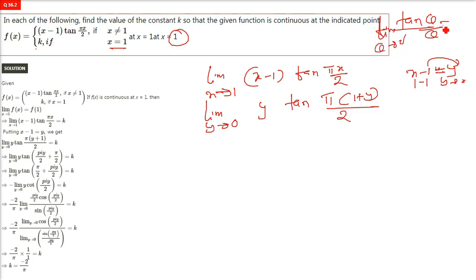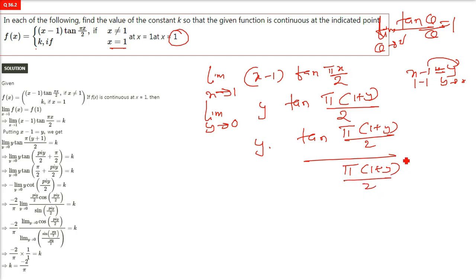Let's see. We have y, and this is tan of 10 pi (1 plus y) by 2. Now divide the denominator by (1 plus y) by 2 and multiply by (1 plus y) into pi by 2. That is, you have to include that also.